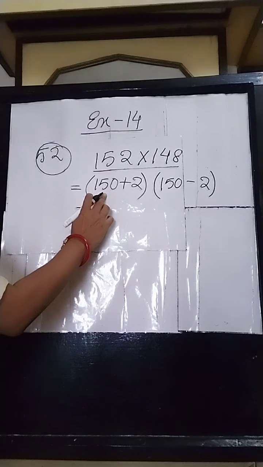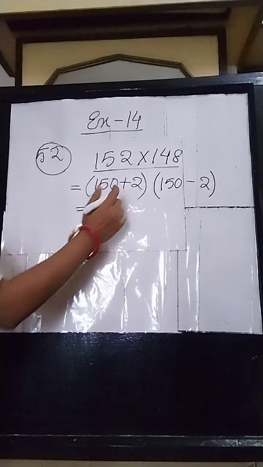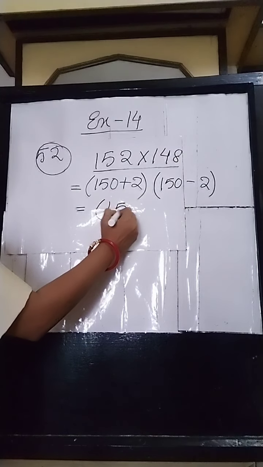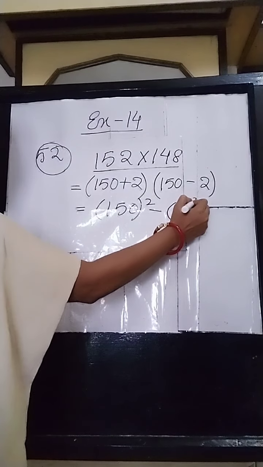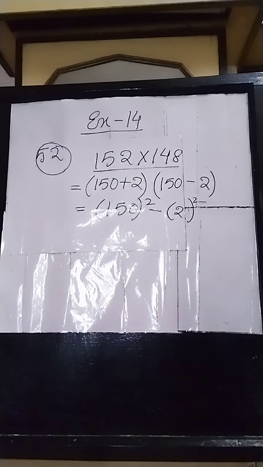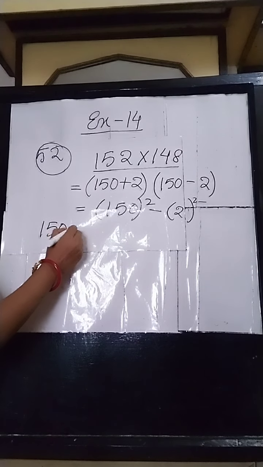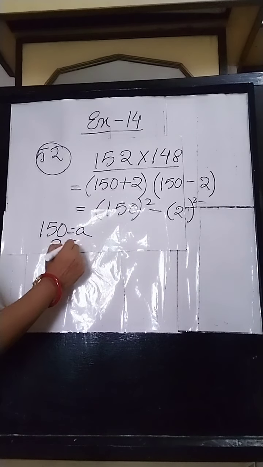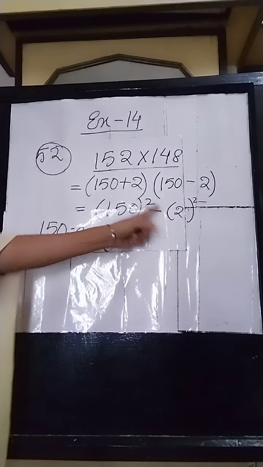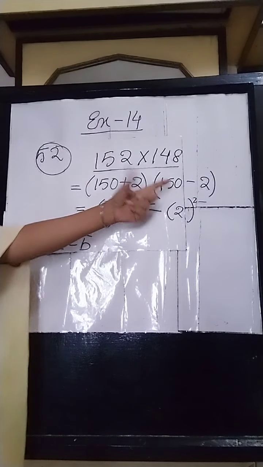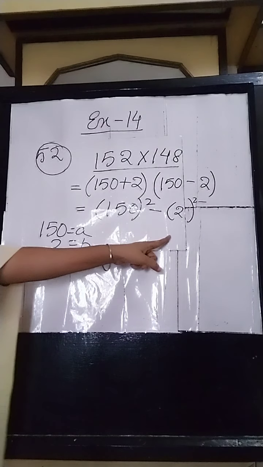If we consider 150 as a and 2 as b, then 150 square minus 2 square. We can easily write this step. Why? Because here 150 is equal to a and 2 we consider as b. So a square minus b square is equal to (a plus b) into (a minus b). That's why we have written 150 square minus 2 square.